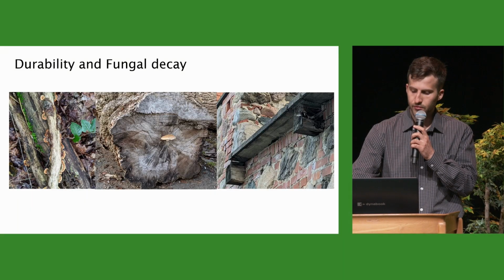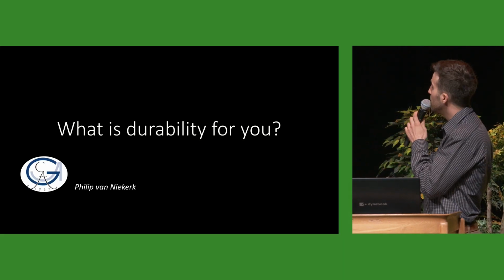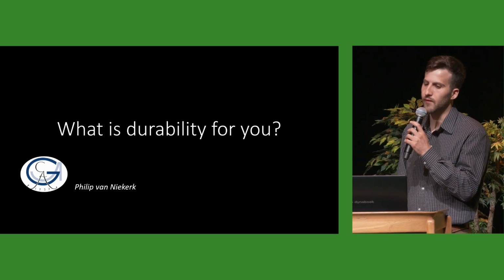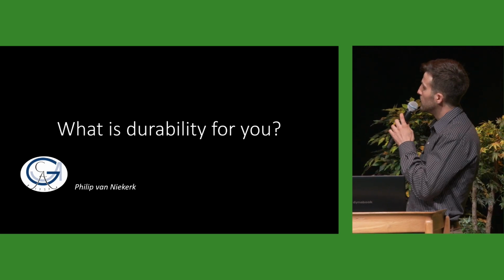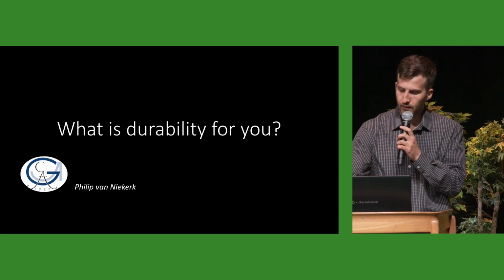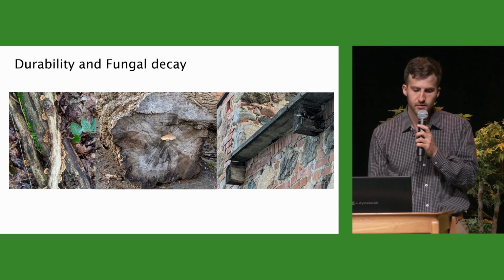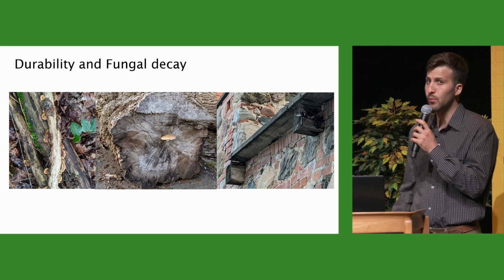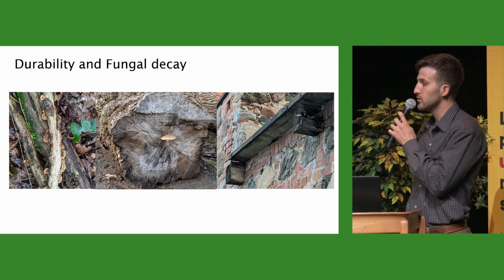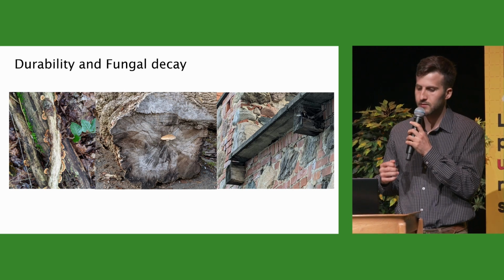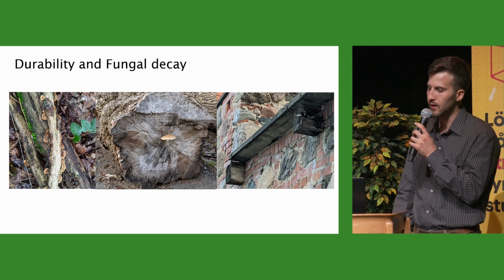So, if you would ask me what durability means for me, then specifically, it's my job to tell you that it has something to do with fungal decay. So, what is fungal decay? If you refer to this picture on the screen, you can see that decay is a very important process in natural ecosystems, and it is fundamental to the carbon cycle.